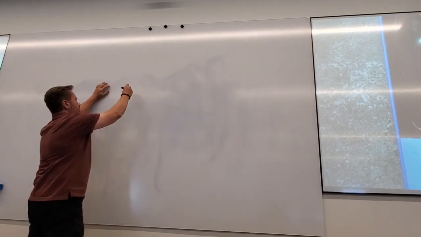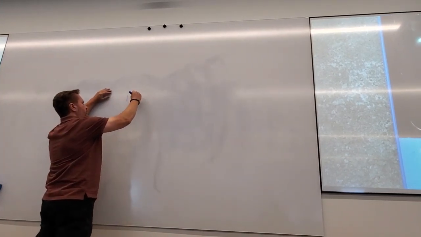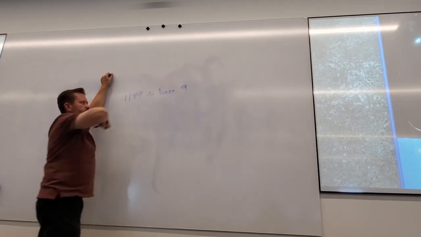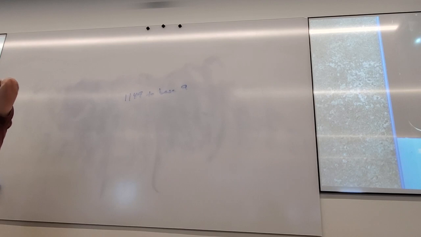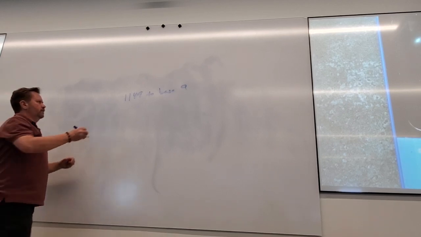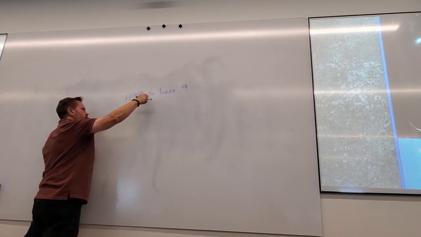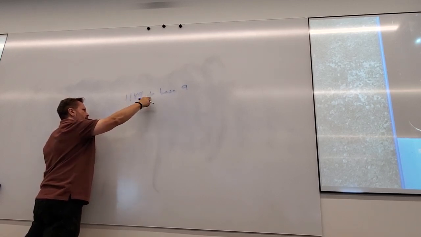So let's say I want to convert 1149 to base 9. That means the highest digit I could use is 8. Here's the thing: the biggest mistake people make with this kind of problem is they do this backwards.